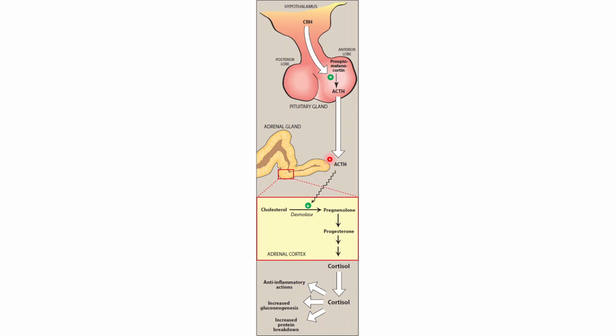So it will be released to the blood, and then will go to the adrenal gland, and in the adrenal gland it will increase the production of the progesterone from the cholesterol, and that is the precursor for the cortisol. Then cortisol is produced in the adrenal gland and is released to the blood, and this is a true hormone.